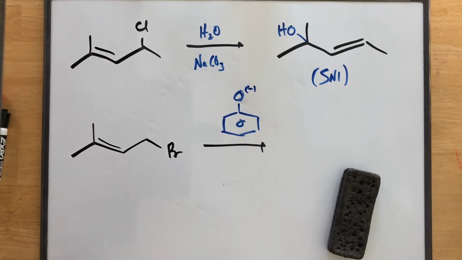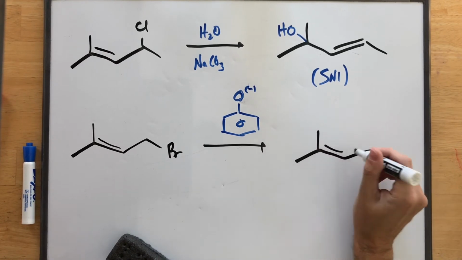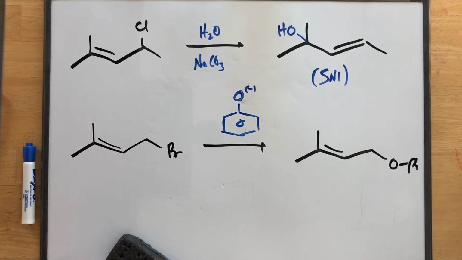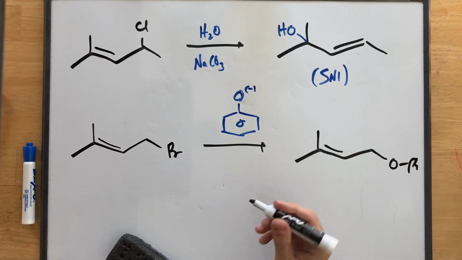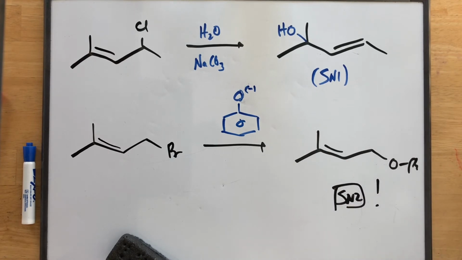And they got an O minus. And in this product, we'll just put phenyl. They wound up getting, in this case, simply an SN2 product.